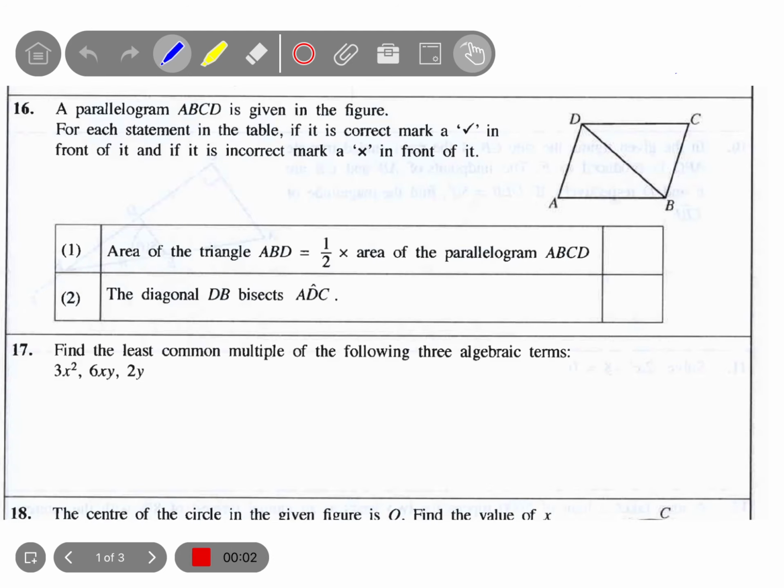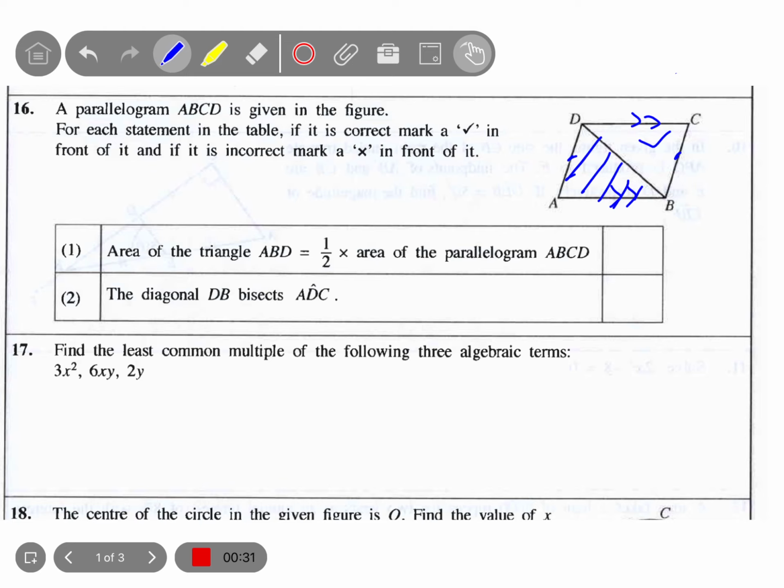Next question, question number 16. A parallelogram ABCD is given in the figure. For each statement in the table, if it is correct, mark a tick in front of it, and if it is incorrect, mark a cross in front of it. Parallelogram means the opposite lines are parallel. In a parallelogram, this particular triangle and the other triangle are congruent.